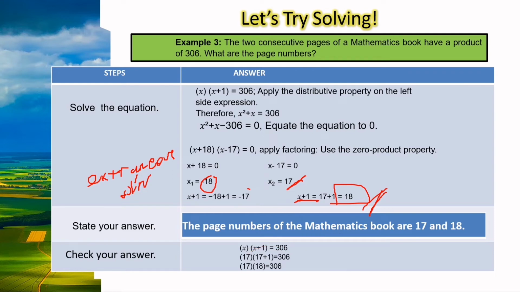So you have this one, first page number and the following page number. Then you have substituted here 17, the value of x. So you get 17 and 18. So that's correct.